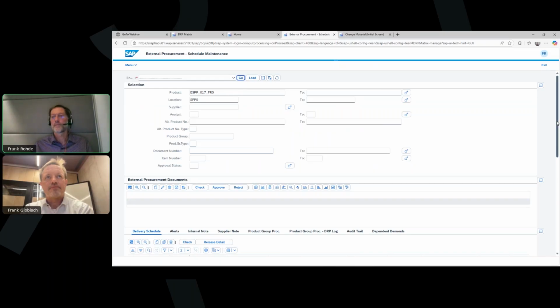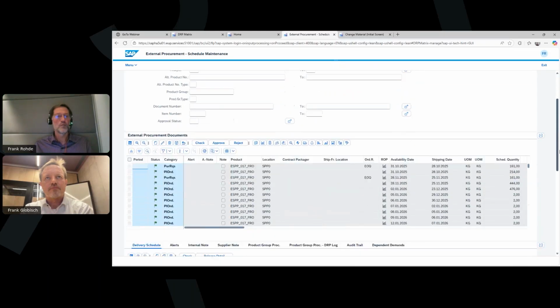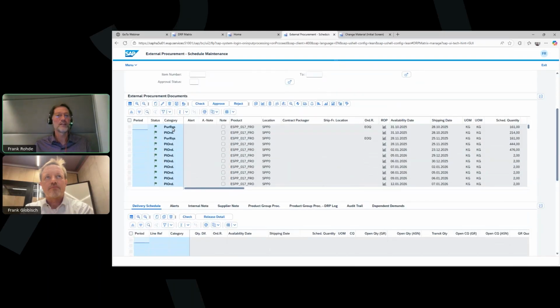Now we clearly see that we have purchase orders and planned orders. We have purchase orders that we need to procure, and we have a planned order of 214 for that product that is now triggering the repair. We have a purchase order here for the new buy, and several planned orders to trigger the repair.